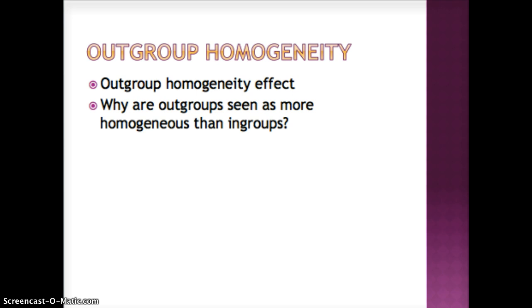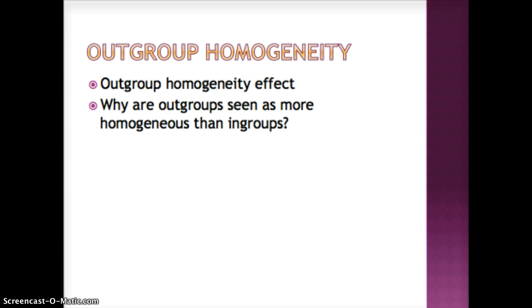But when you think about a group that would be considered your outgroup in this situation, perhaps students across the street from the School of Social Work and the School of Engineering, you might consider them to be similar in ways. Maybe you consider them all to be brainy, or maybe they all tend to like certain things. You might stereotype them simply because they're not in your in-group. And that concept is called outgroup homogeneity.